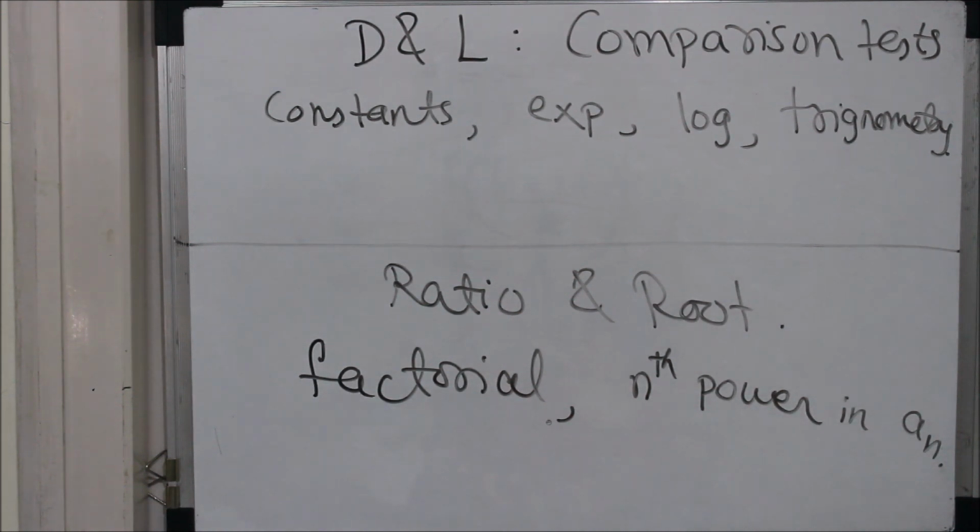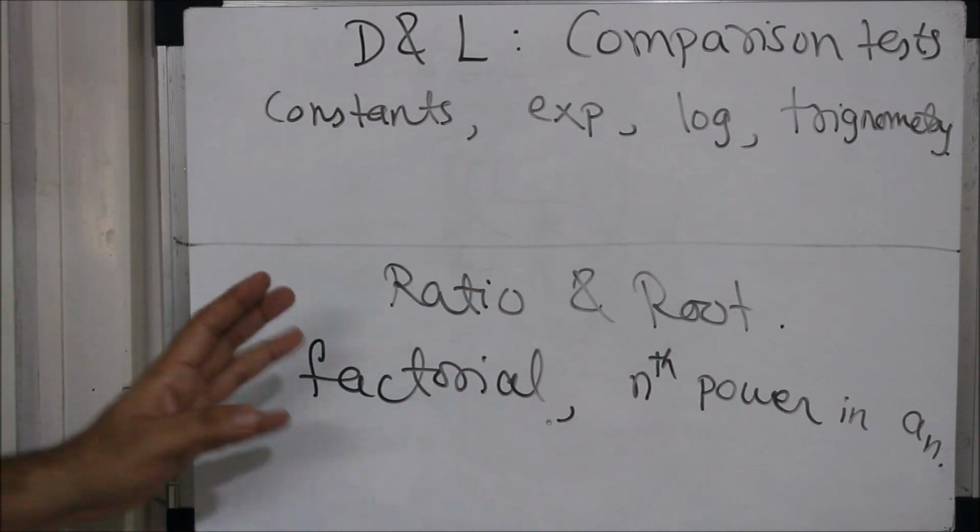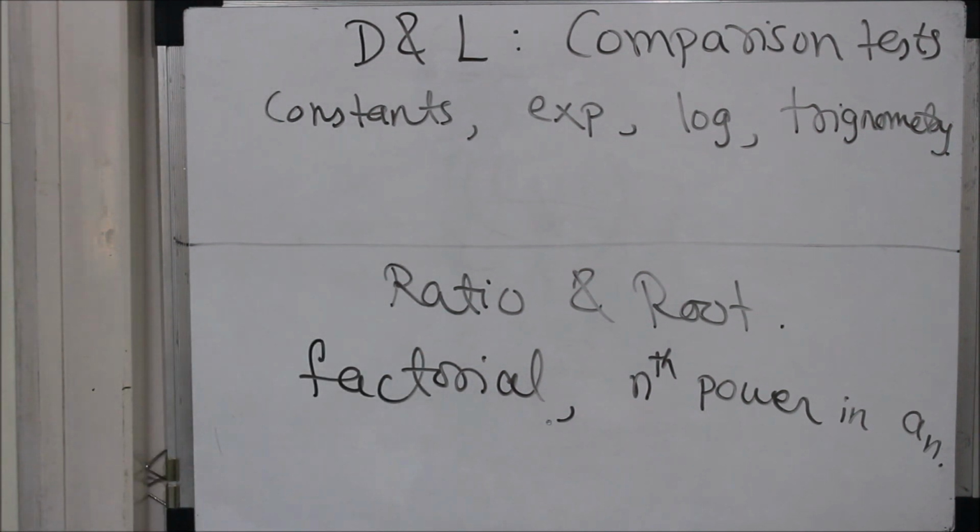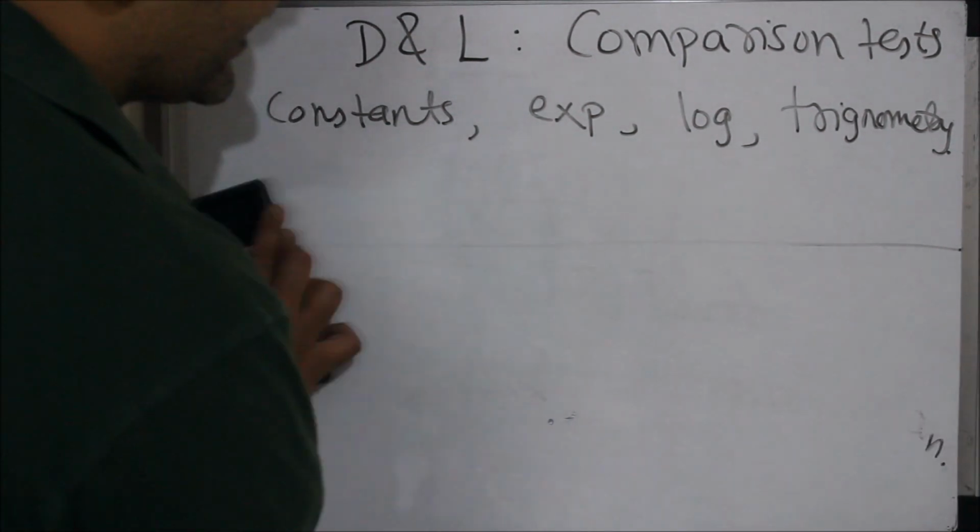So these are the 4 tests which help you to determine the nature of the series. And in all the 4 tests, if you have realized, what was the condition? The condition was that all the terms of the series should be either strictly greater than 0 or greater than or equal to 0. That means all the 4 tests are only applicable for positive or non-negative terms of the series.